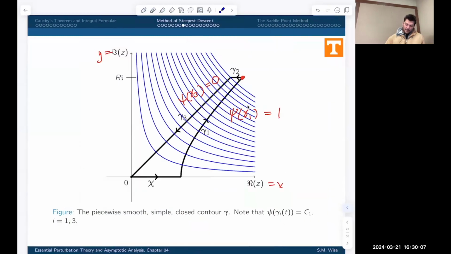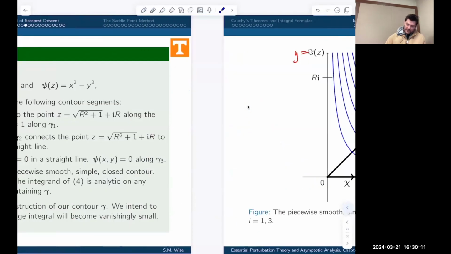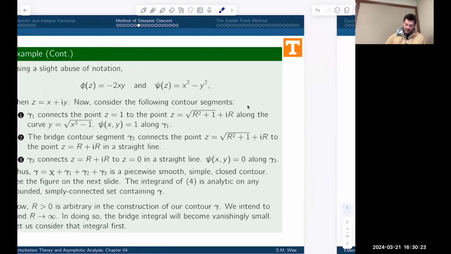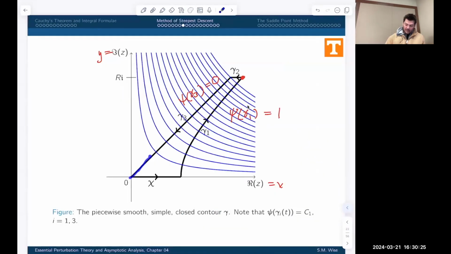How do we know that? Well, if we look at that point of the origin, that's at the point x equals 0, y equals 0. So that's going to be phi equals 0. There's a contour which connects phi equals 0 to this point, and all we have to do is figure out what that guy is.